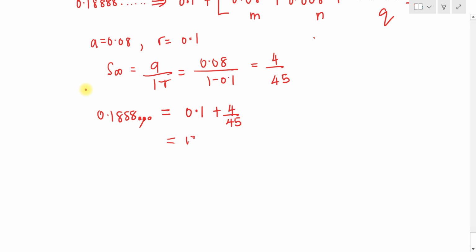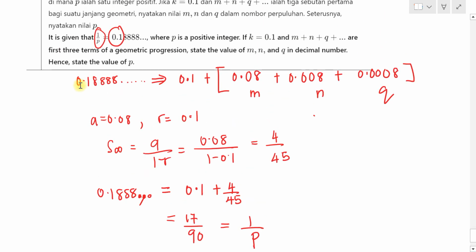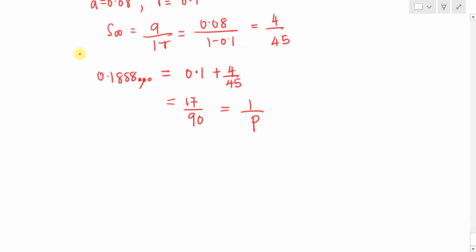So you get 17 over 90. This is what we get, which is 1 over p. Right? So what is the p? So we flip the fraction. P is equal to 90 over 17. So this is your answer.